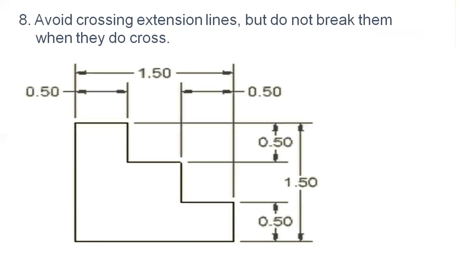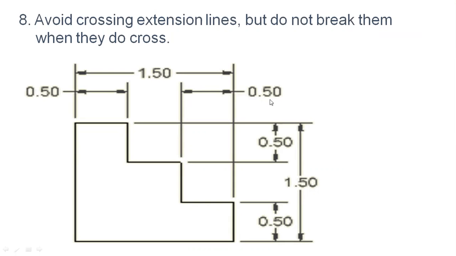The next rule: avoid crossing the extension lines, but do not break them when they do cross. You can see the extension lines in this diagram. These arrows are called the dimension lines.